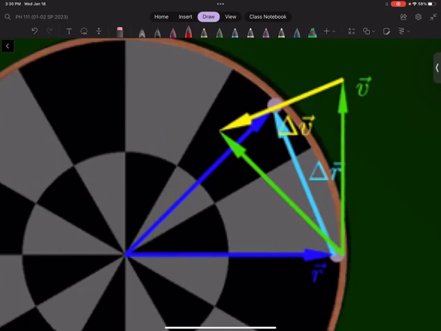I also have one blue vector and another blue vector, but I also have delta R, like so. And I also have two triangles. I have one triangle that is this, and the other triangle is that. You with me, guys?